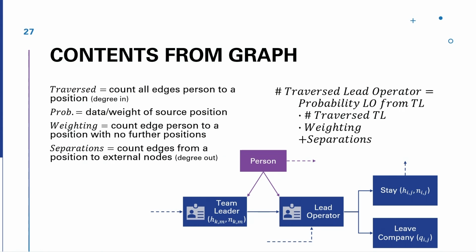So at the end of the month, at the end of the year, at the end of my analysis, how many trade leaders do I have? And that was part of the input weight and goal that we have available as part of self-service. Separations, we're counting the number of edges that go from a position to that external terminated, separated node, and that's a degree out.